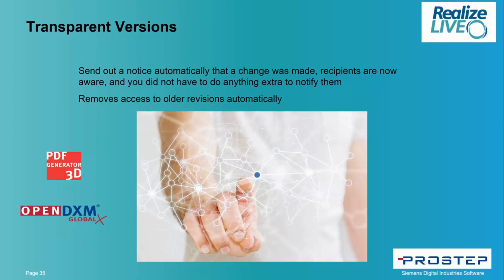So we can now send out the newest version and automatically send notice to the recipient that says, hey, there's a new version out there. Please stop using version X and use this new version Y. So this is a very powerful tool that allows even folks external from your enterprise to be current with your latest and greatest.